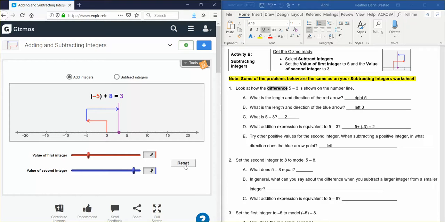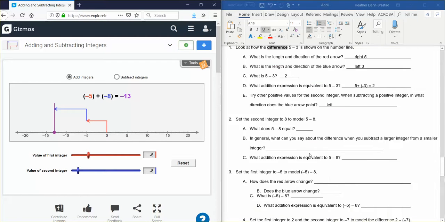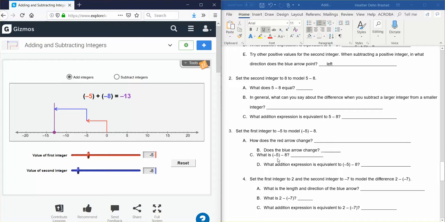What if we change this to a negative? Now we get negative 13. So negative 5 minus 8 is negative 13, and so is negative 5 plus negative 8. They're both equal to negative 13. They're equivalent expressions. You get the same answer either way.